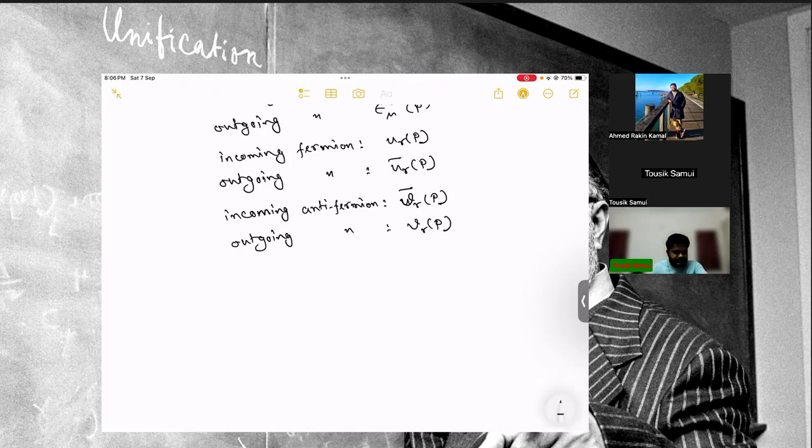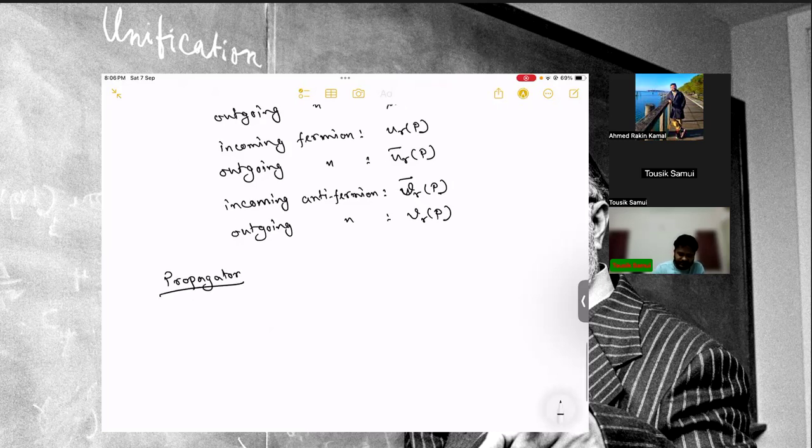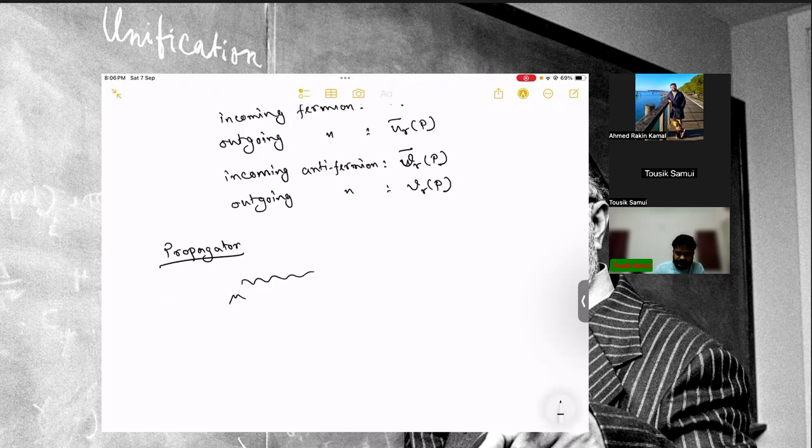And then we'll have propagators here. Since we have two fields, we have two propagators, one with index mu and another with index mu. For each photon propagator, we have a factor where q is the momentum.